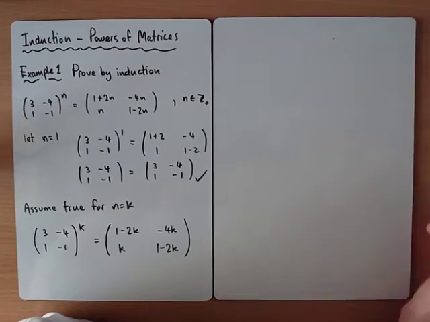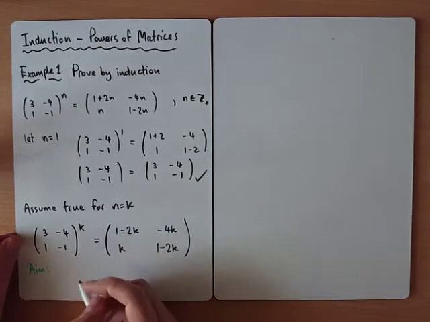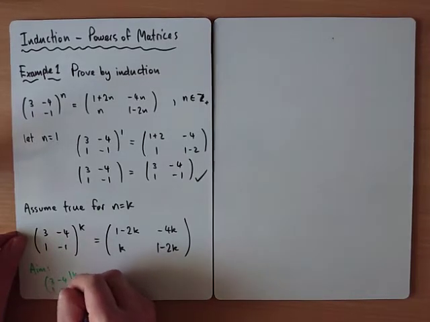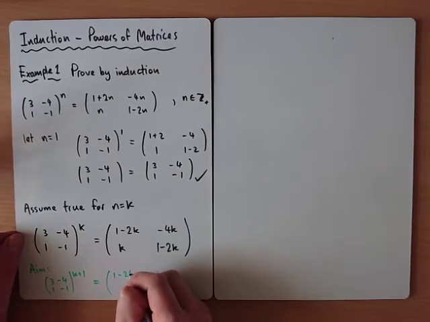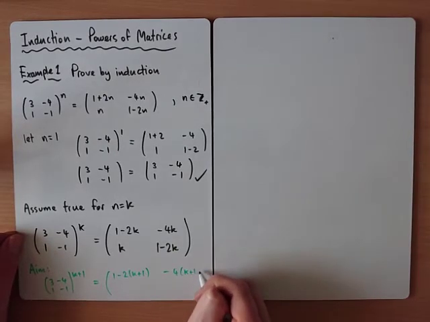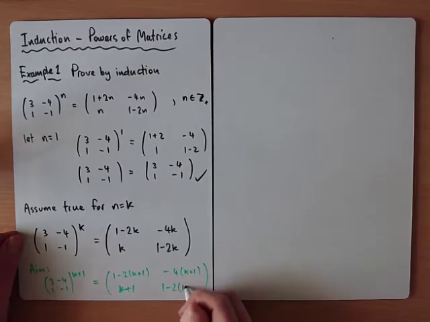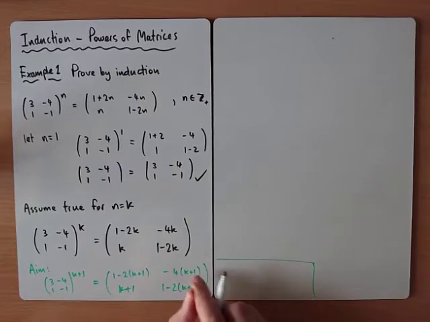Okay, so now we're going to prove that the result works for the next term in the sequence. Again, it's nice to know what you're aiming for. So if this result does work for the next term, it should end up looking like this, but I don't think it'll look like that straight away.